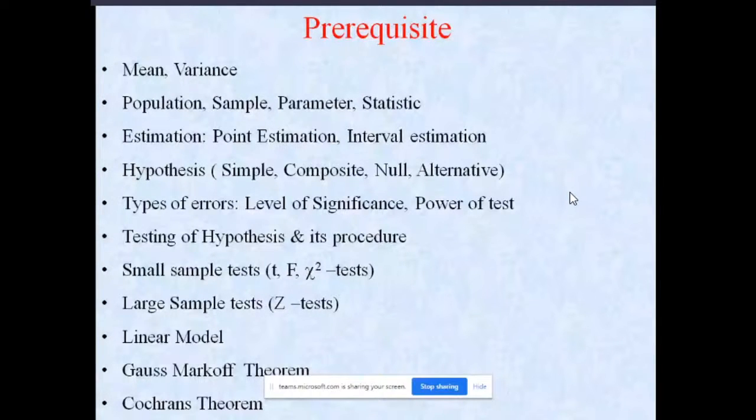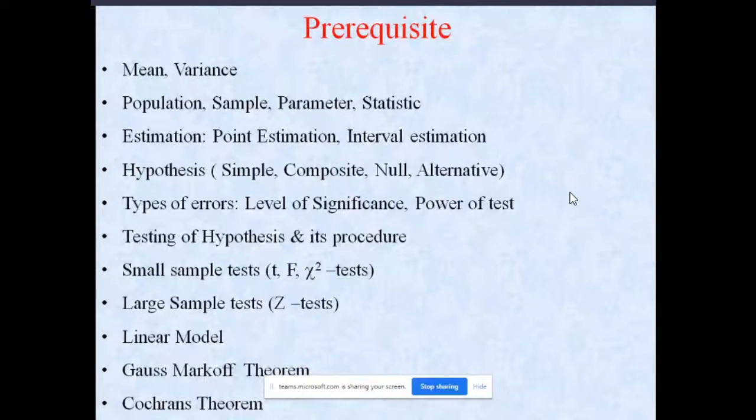Hypothesis is any statement or assertion or assumption about a population or its probability distribution or on its parameters, which is said to be a statistical hypothesis. Simply we call it a hypothesis.